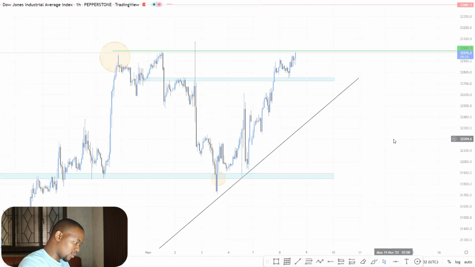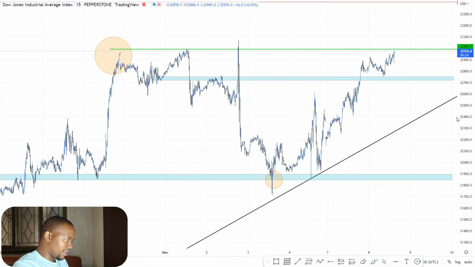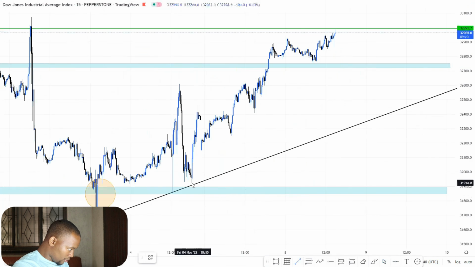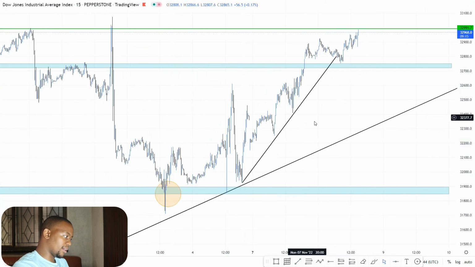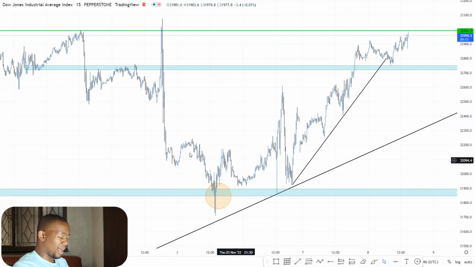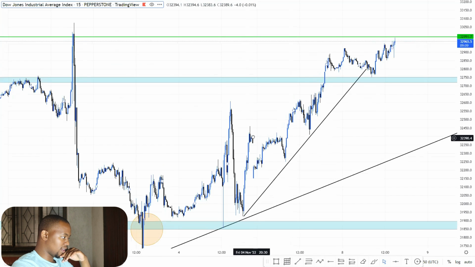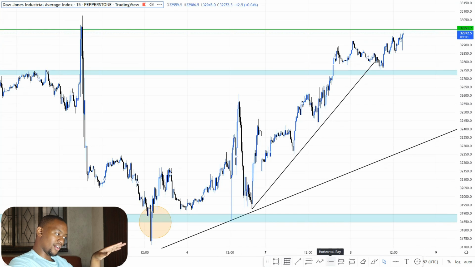So just diving down to the 15-minute chart, I noticed that the market has created a smaller trend. So just looking at this trend right over here, I just knew that the market has to buy. I'm not really a trend line trader, but I was just using this trend line to give me guidance in terms of the overall direction of the market for the day.